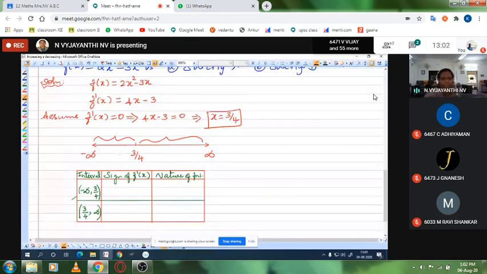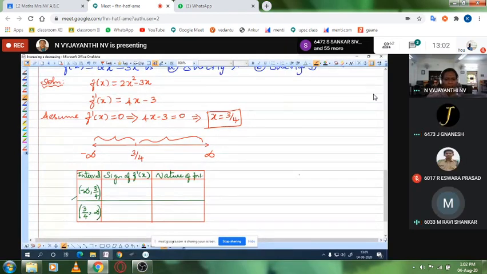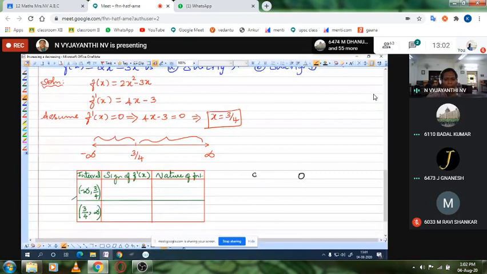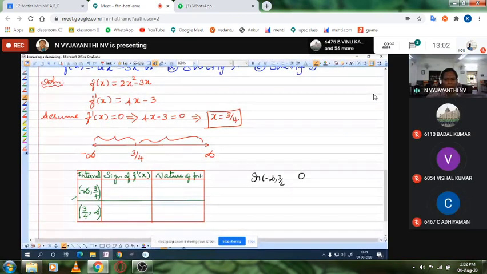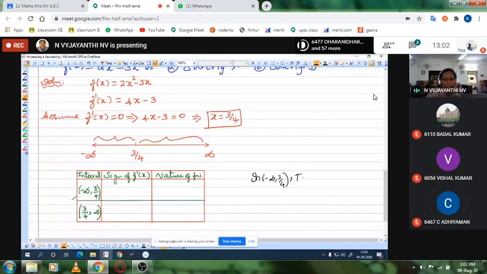Tell me one value in between minus infinity comma 3 by 4. We can take x as 0.